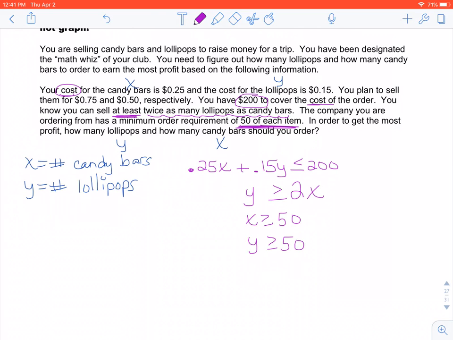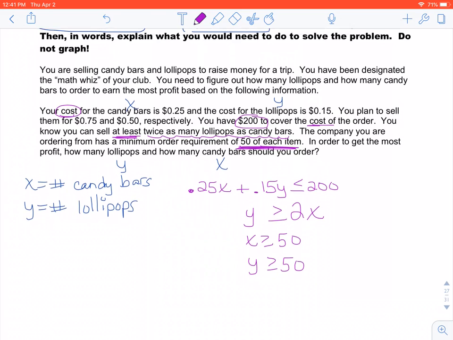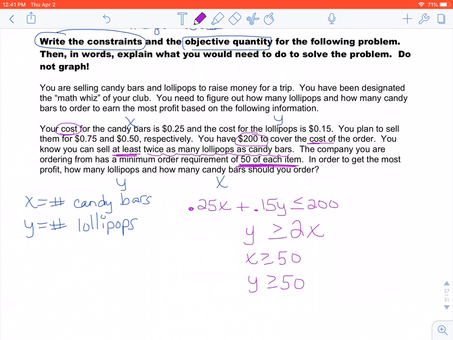There's one other piece of information that's given, and that deals with the amount that you're selling it for. And it says we're supposed to find the objective quantity. Our goal is to find profit. We want the most profit. Well, the objective quantity deals with how we can get that largest amount of profit.